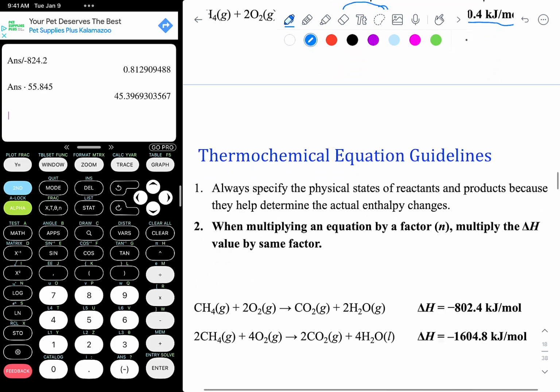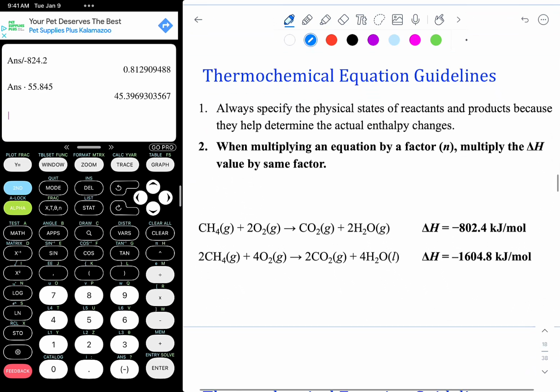Our next guideline is that when multiplying an equation by a factor n, whatever that n value is, we need to multiply the delta H value by that same factor. This is what we talked about previously about enthalpy being an extensive property.